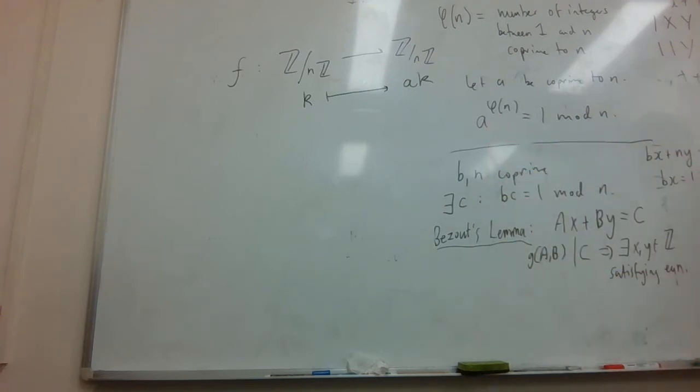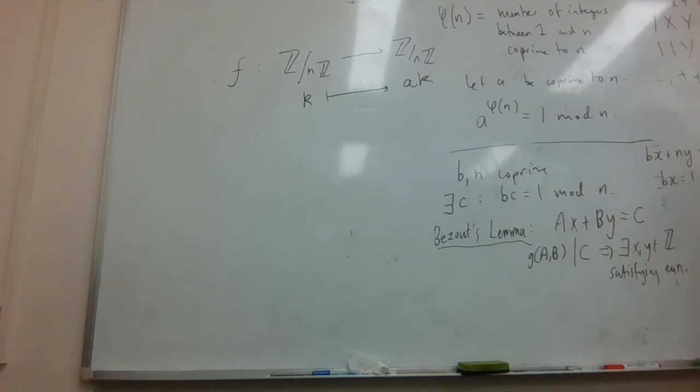Okay, so my claim is this gives you a bijection from the two sets. Obviously the two sets are the same size, right? But this gives you a way of sort of scrambling the sets and corresponding them to each other.